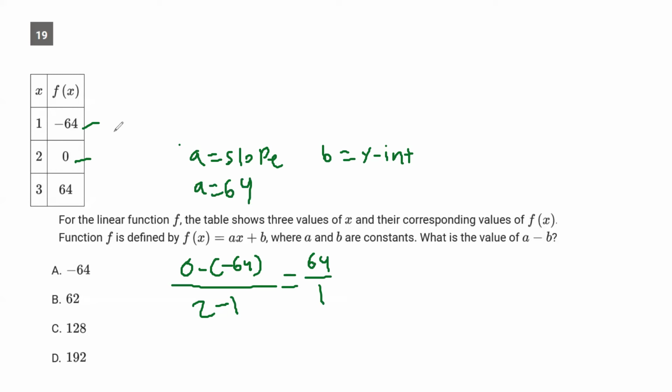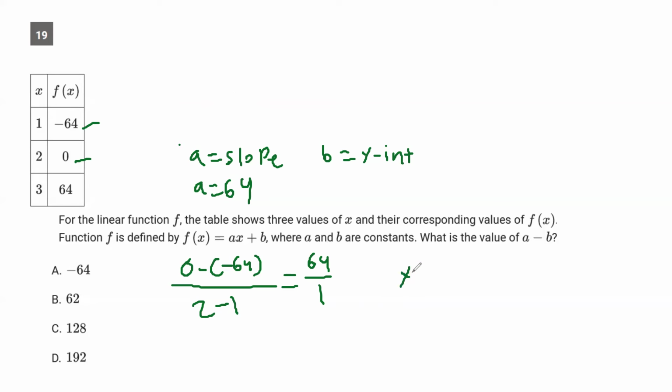And then to find b, right, to see how we have a 1 is -64. We're going -64, we're going to go down 1, because we're going from 0 up, right? Or you can do, let's not do it that way because that might be confusing.